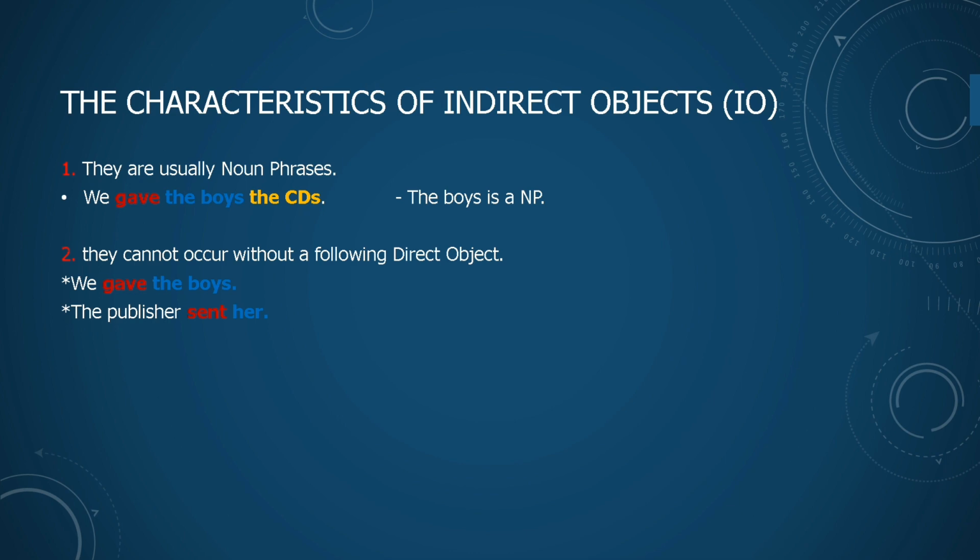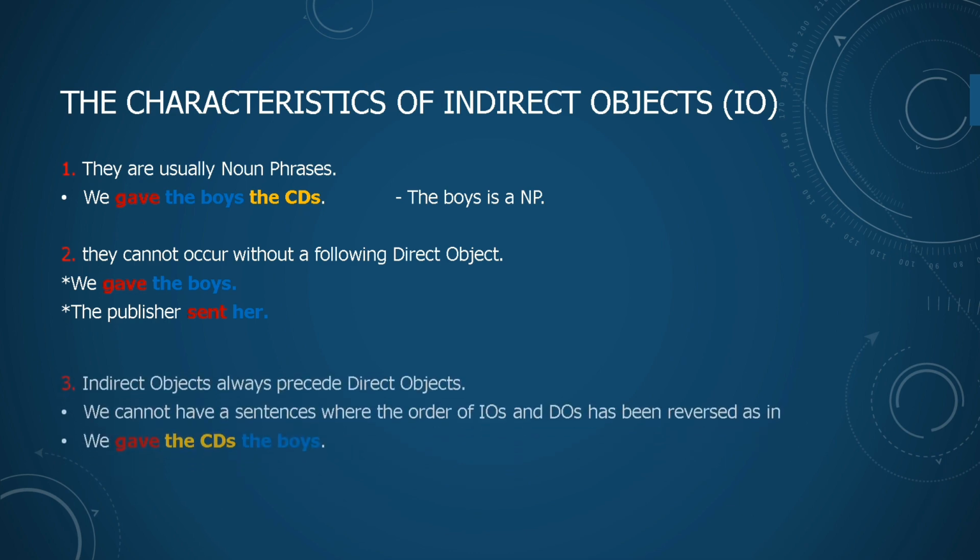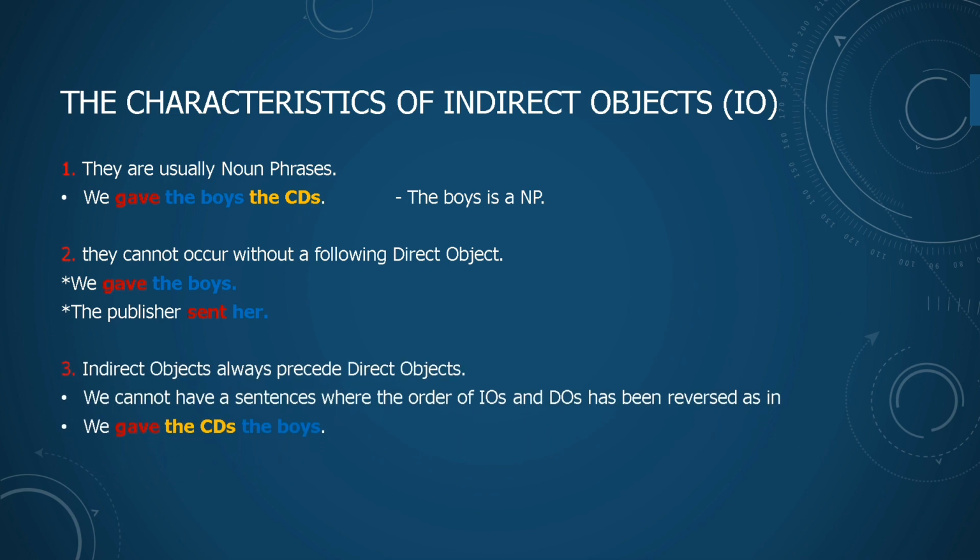So the third characteristic is that indirect objects always precede direct objects. This is very important to recognize the indirect object. We cannot have a sentence where the order of indirect objects and direct objects has been reversed, as in we gave the CDs the boys. This is not possible. We have to say that we gave the boys the CDs.